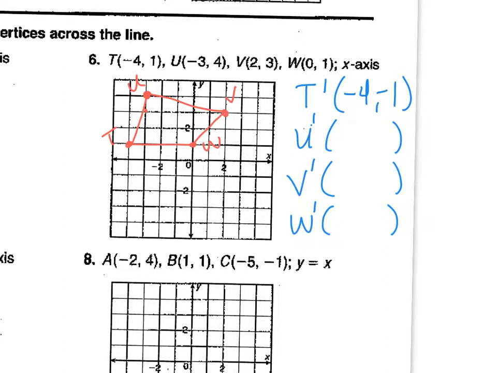That is right. Daniela, what about u prime? -3, -4. Diego Quiñones, what about v prime? V is this one. -2, -3. Let's see, if you reflect over the x-axis, we said that we're going to switch it over the x-axis.